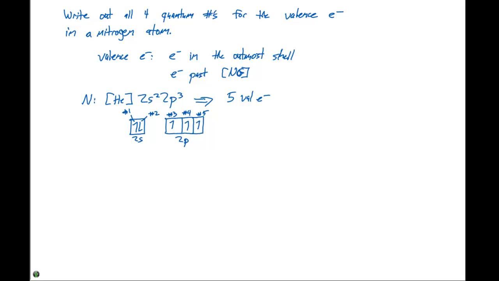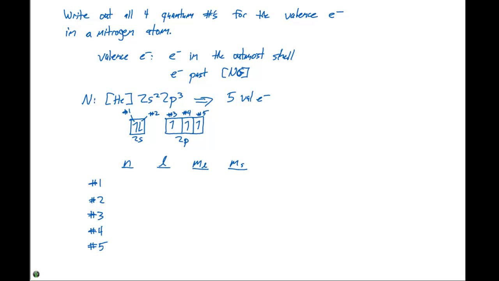So here we can write out the 4 quantum numbers. We have the principal quantum number, the azimuthal quantum number, the magnetic quantum number, and the spin quantum number. And we need to write those out for electron number 1, number 2, number 3, number 4, and number 5.